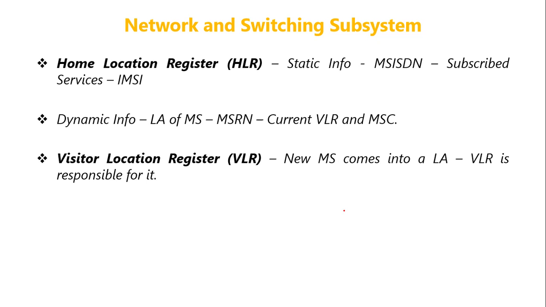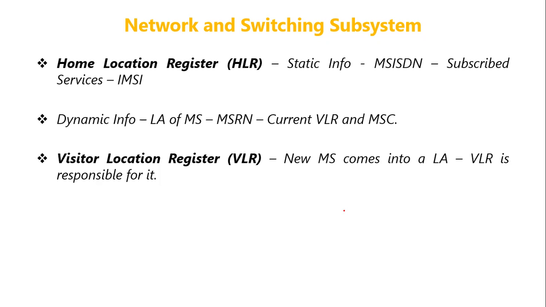The HLR includes static information like the MSISDN, subscribed features, and the international mobile subscriber identity. The dynamic information it includes is the current location area of the mobile station, the mobile subscriber roaming number, the current VLR, and the MSC of that particular mobile device.